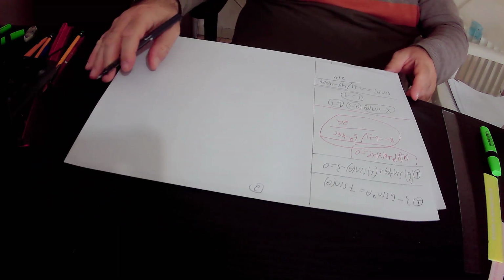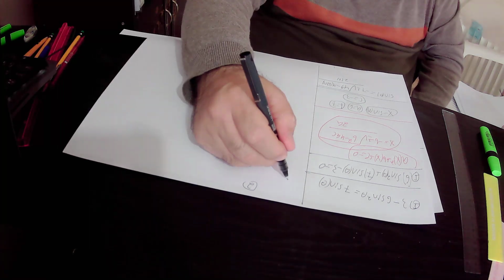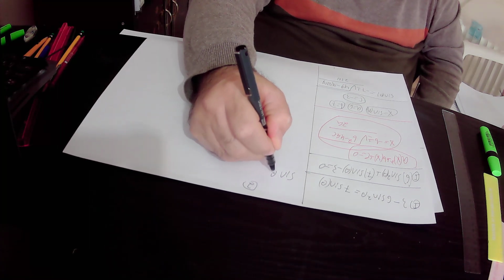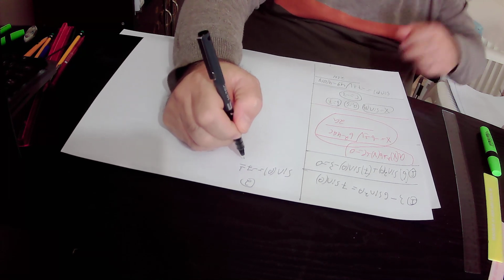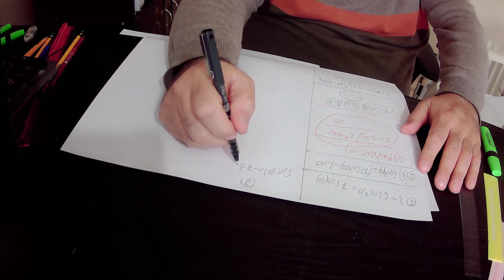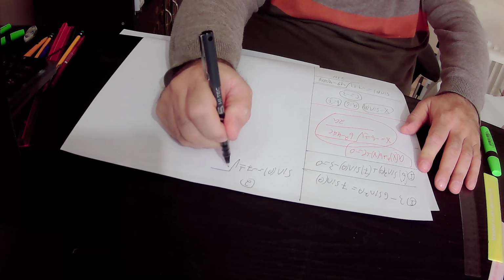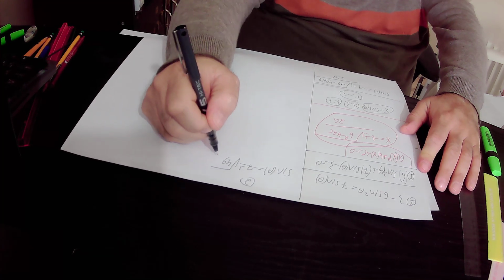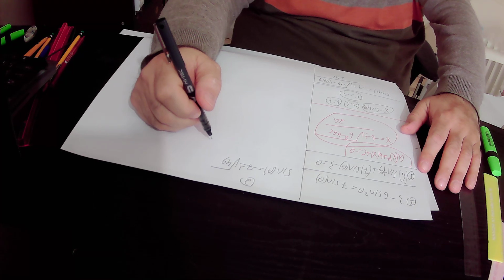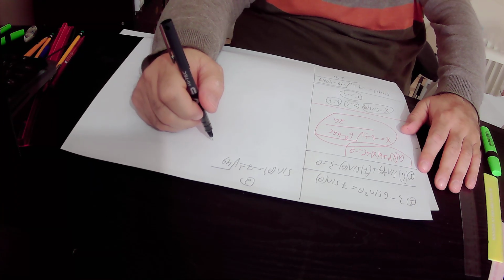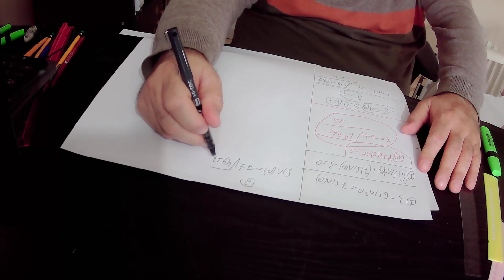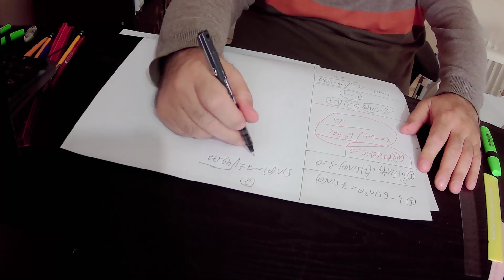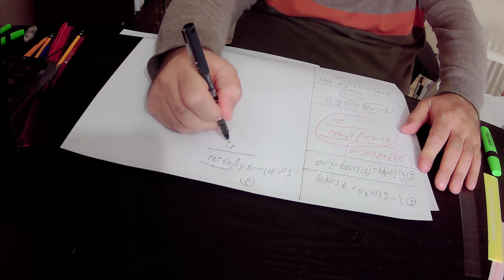So we found that sine theta is equal to minus 7 plus or minus the square root of 49 minus 6 times minus 4 times 6 is minus 24, and minus 24 times minus 3 is plus 72, so it is 49 plus 72, all divided by 2 times 6, that is 12.